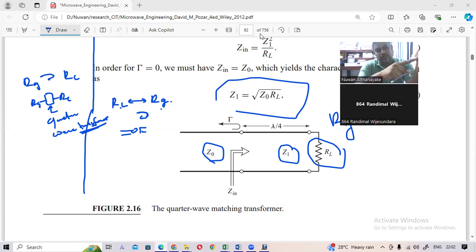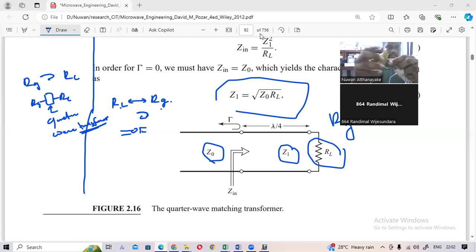Here also you have an SMA female connector and this is a male connector, so you can connect them together. Now the signal generator will give the signal, then you need to feed it to the power amplifier. Here also a female connector, then you can connect. So these are SMA connectors.